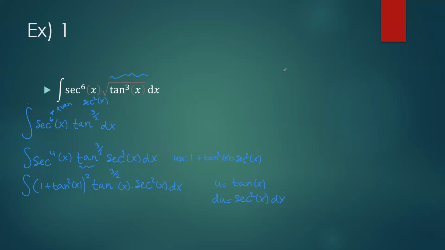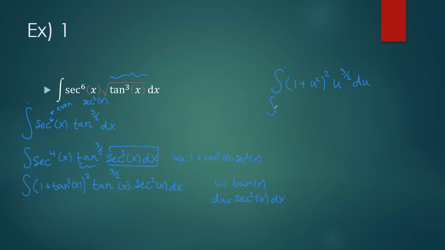So if u is tan x, 1 plus tan squared x would be 1 plus u squared, and then you still have to raise it to the second power. And I'm going to replace tan 3/2 with u to the 3/2. And then du is secant squared x dx, so you can just replace this whole thing with du.